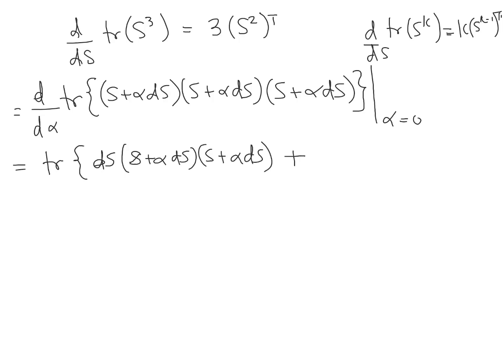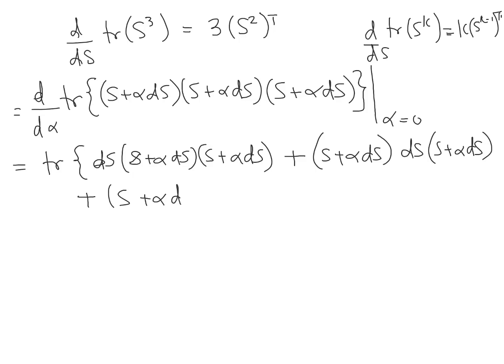Plus, leave the first one, differentiate the second, leave the third one. And leave the first and the second, differentiate the third. Now put in alpha equal to 0.